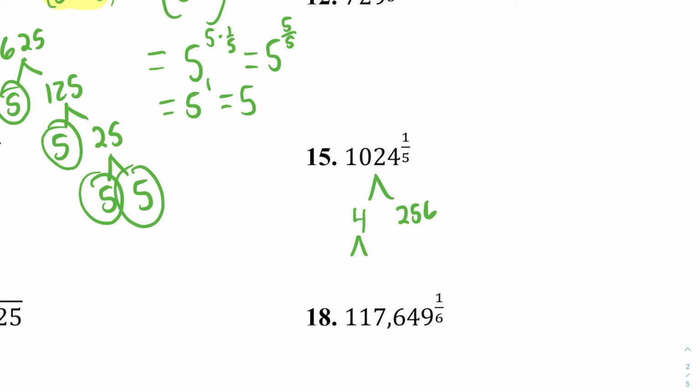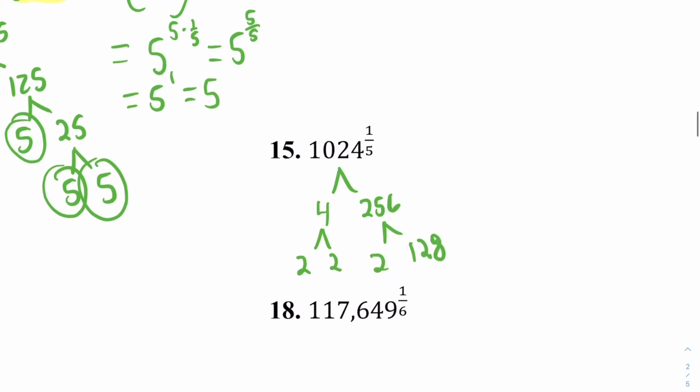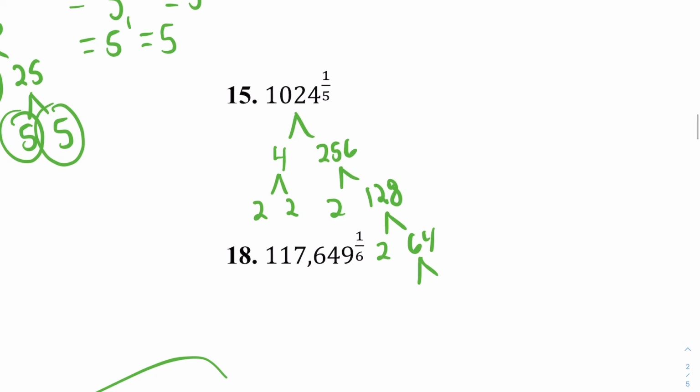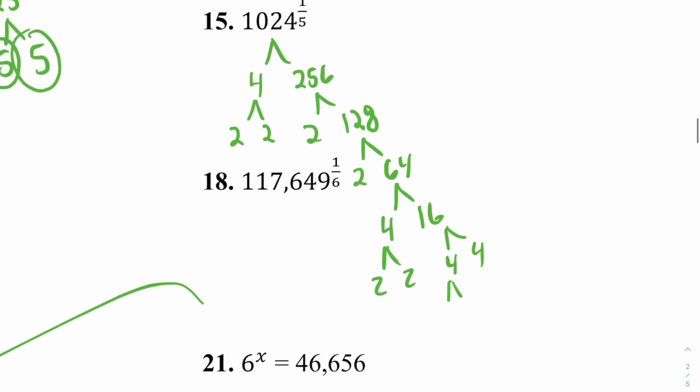I'm going to break this number 4 into a 2 and a 2, and 256 into 2 times 128. 128 is 2 times 64. 64 is 4 times 16. 4 splits into 2 and 2. And 16 splits into 4 times 4, which breaks down into 2, 2, 2, and 2.